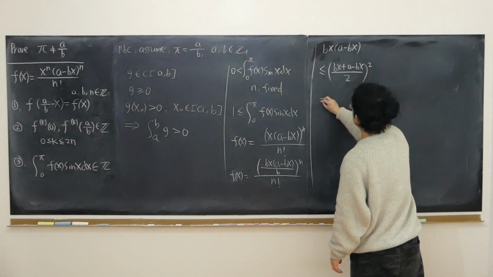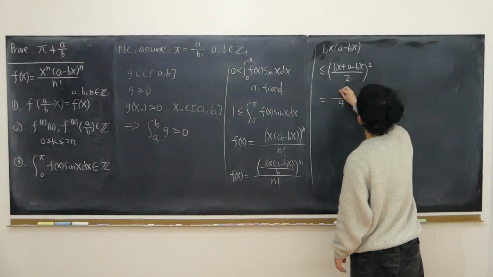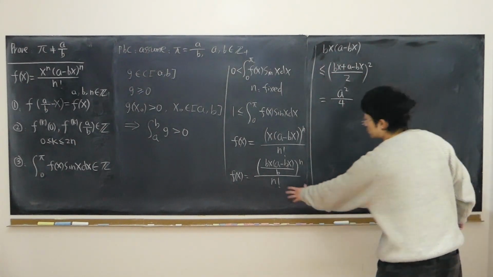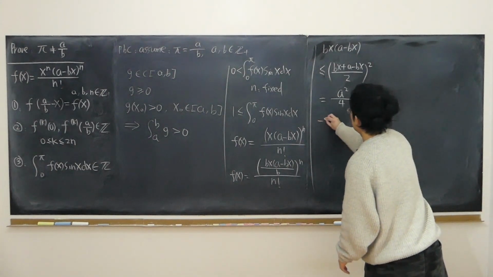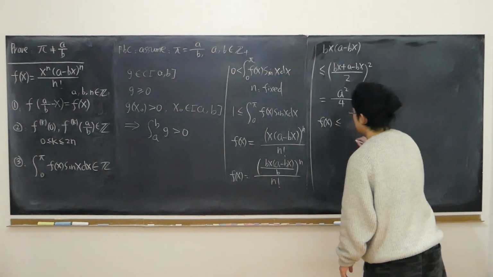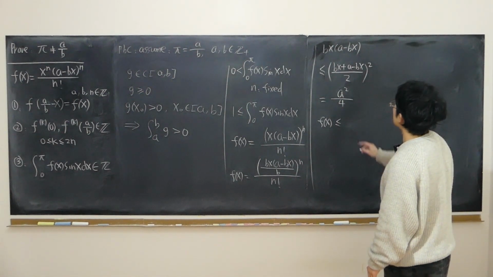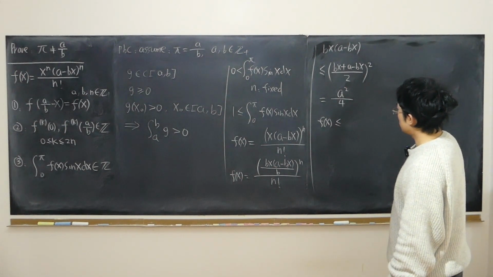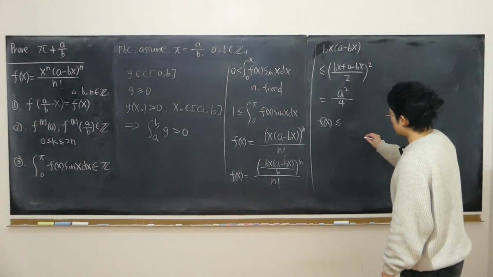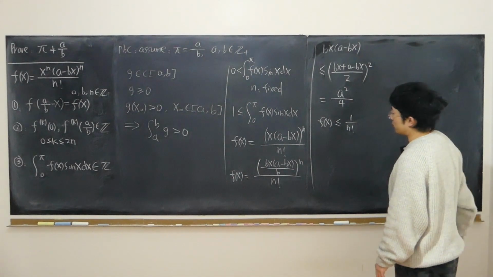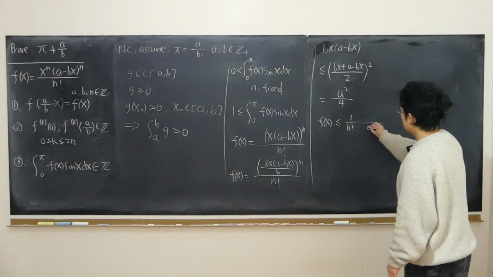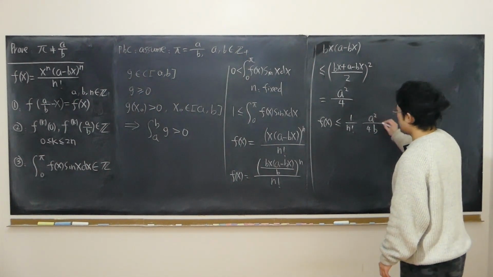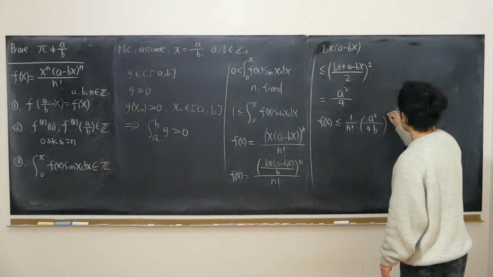So this becomes a squared over 4. So it can be no larger than this value. So f of x can be no larger than, if we replace this with that, 1 over n factorial times a squared over 4b, altogether to the power of n.